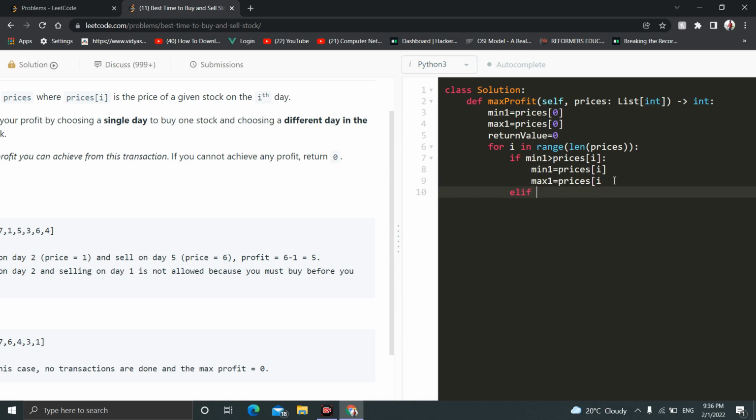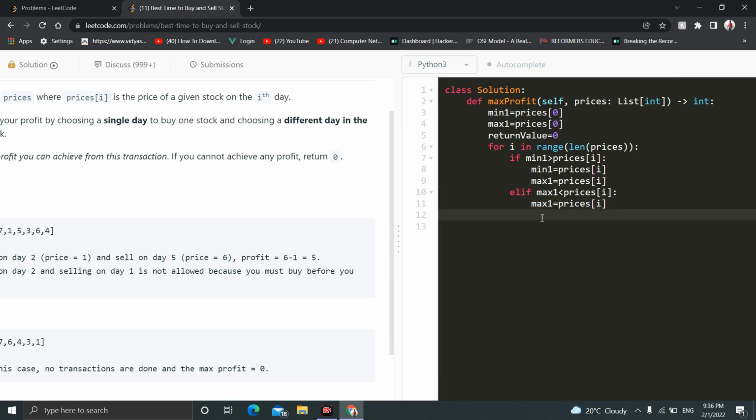Next, if my maximum value is less than the price of i, it means I have gotten a higher value than my current max. If I have got the higher value, then I have to go with that value. So max is equal to prices of i.